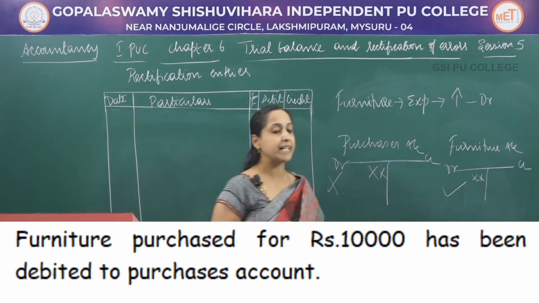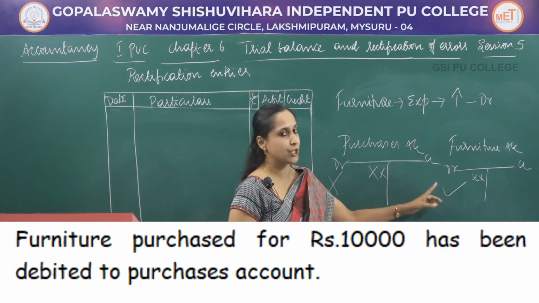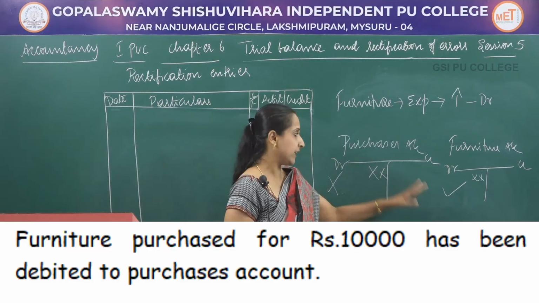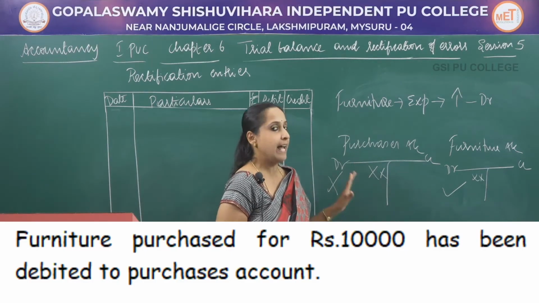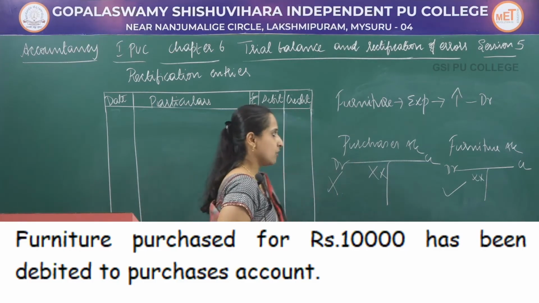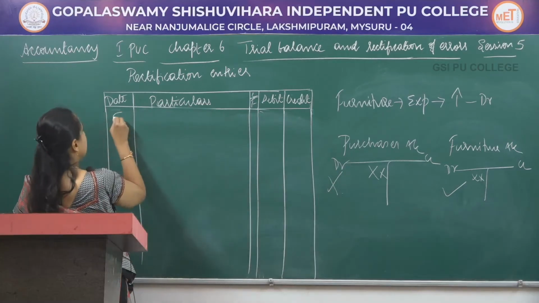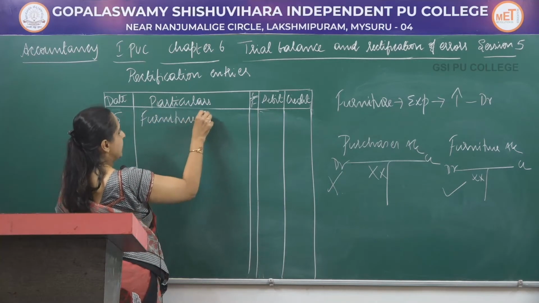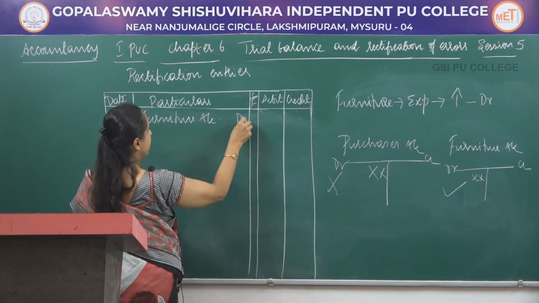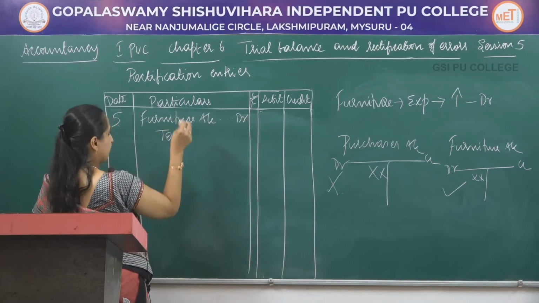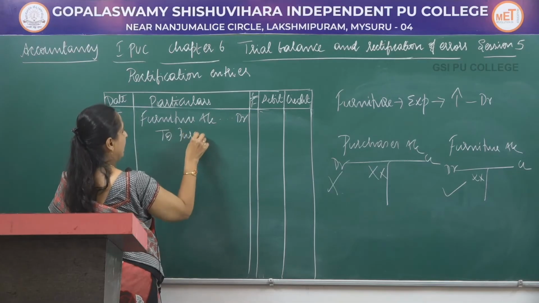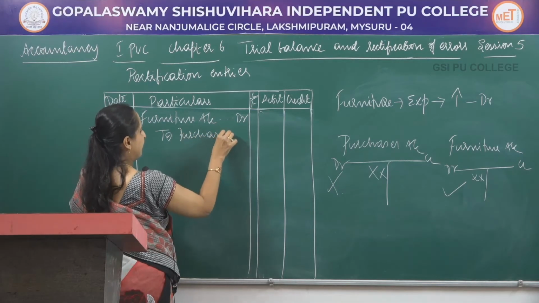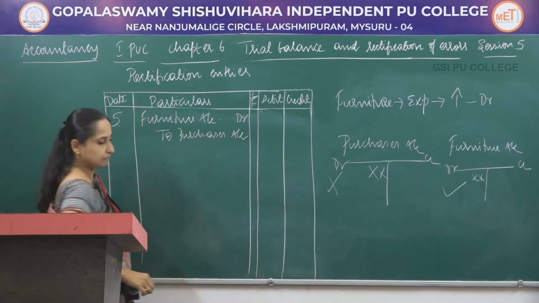So how to rectify this error? I have to debit furniture now. If I debit furniture and if I credit purchases, the error can be rectified. So now what is the journal entry? Furniture account debit to purchases account.